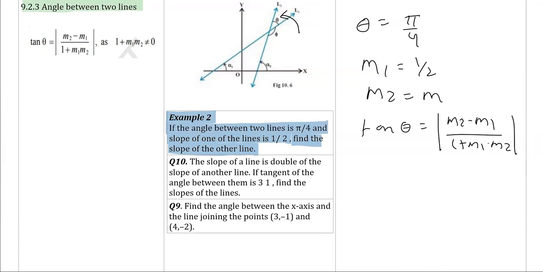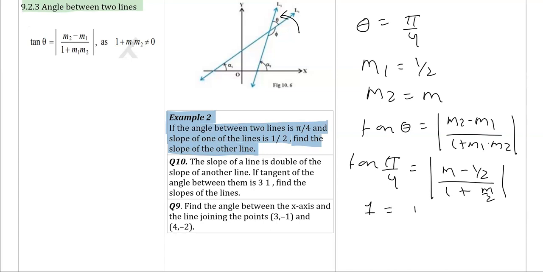Now let's replace this tan theta with pi by 4 as it is given. m2, which we have taken as m, minus half, divided by 1 plus the product of these two, half into m is m over 2. This is not a bracket, it's a modulus. Now tan pi by 4 is 1.